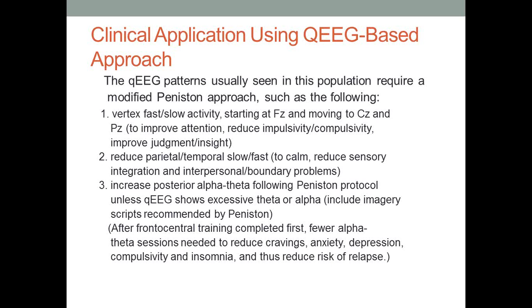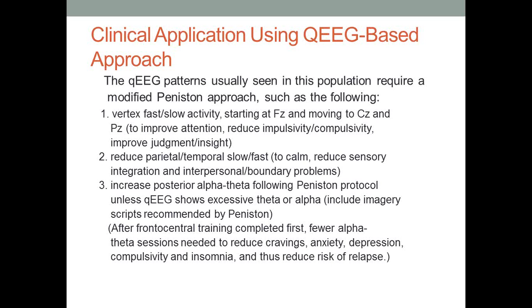And what this helps is treatment altogether. You start getting better sleep, you start getting better judgment, better action as the person becomes involved in their treatment. So it's kind of jump-starting the frontal lobes. We're going to improve attention, reduce impulsivity, compulsivity, and improve the judgment and insight.